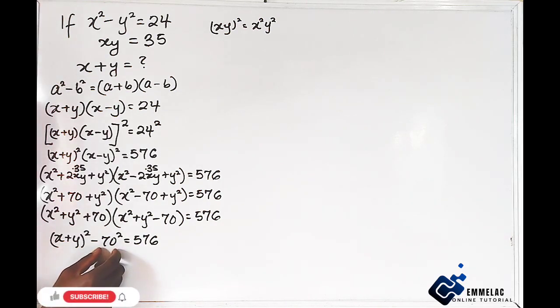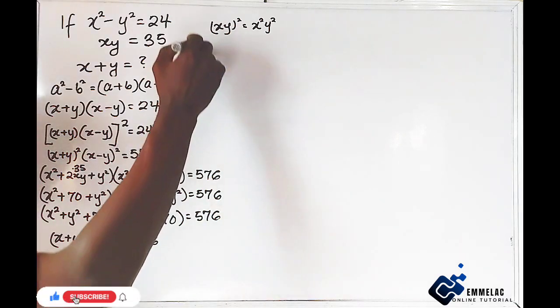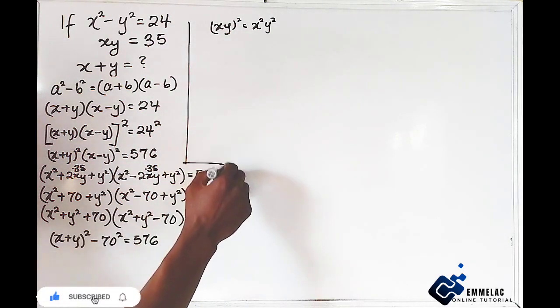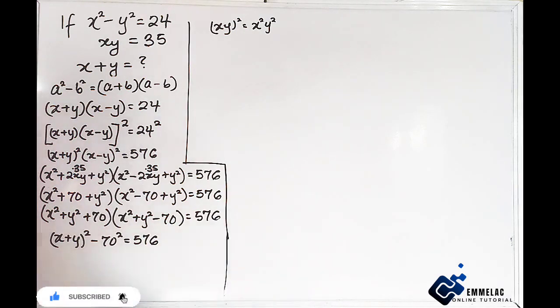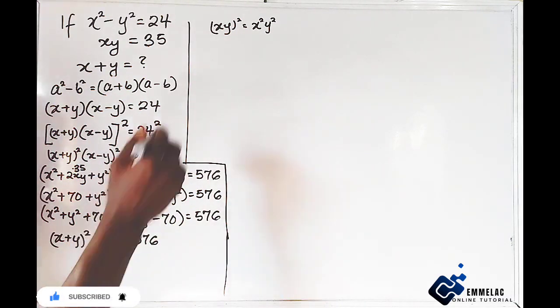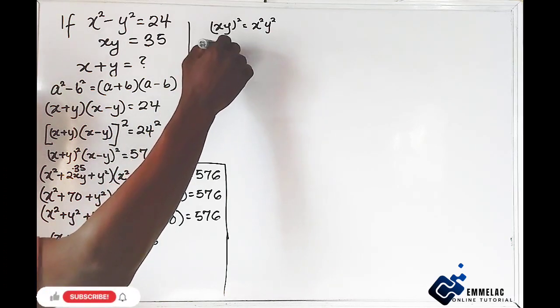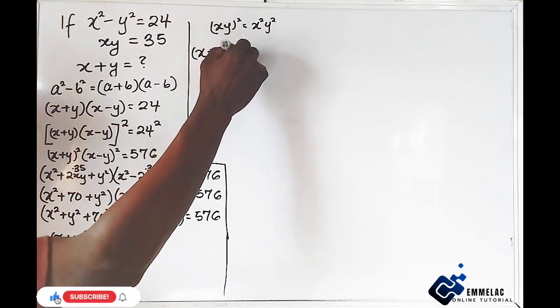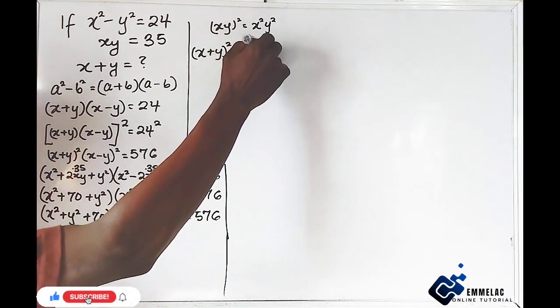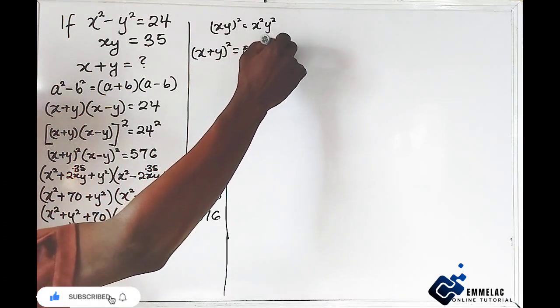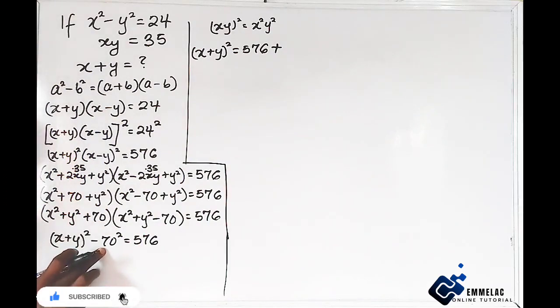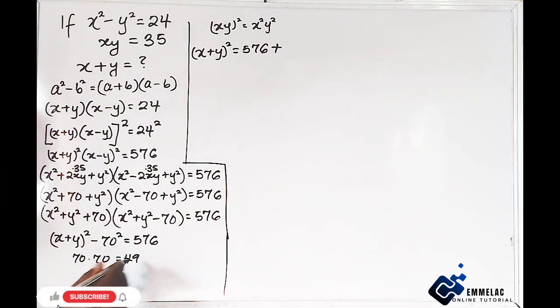Okay, right. So we're at this point now. Let us take negative 70 raised to the power of 2 to the right hand side. So here we have x squared plus y squared, all raised to the power of 2, equals 576 plus 70 raised to the power of 2, which is just the same thing as saying 70 times 70. 7 times 7 gives us 49, and how many zeros?